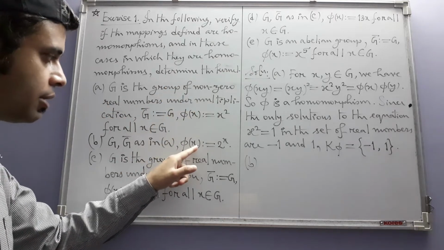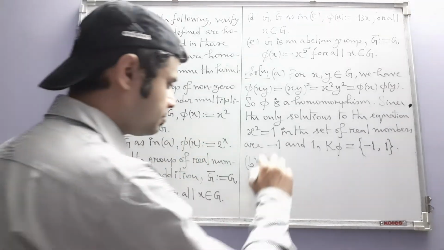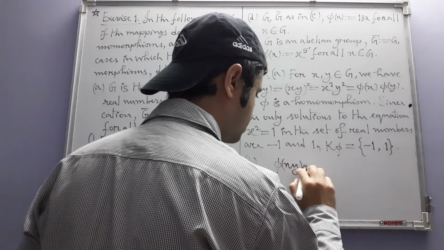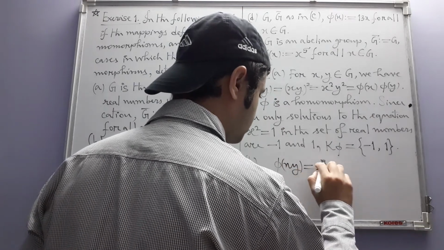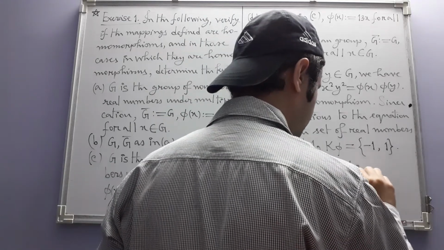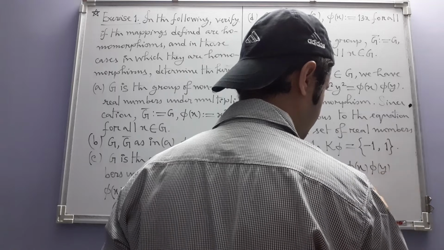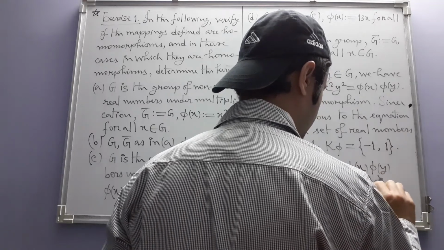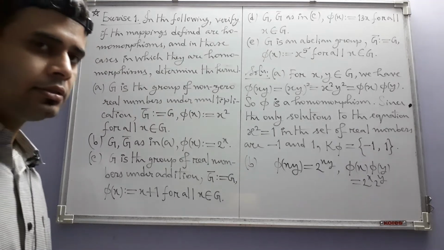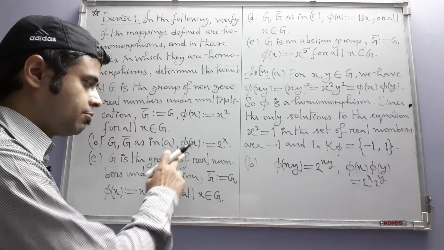So if you calculate 2 to the power xy, that is, phi of xy, you get this, whereas if you on the other hand calculate phi x times phi y, then that is this, and these two things in general are not equal for all x and y.